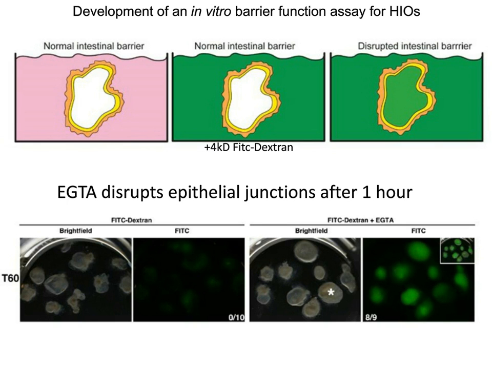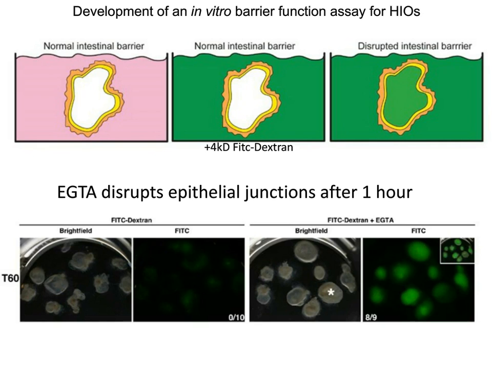And I should say that under the bright field images, each one of those structures is an individual organoid. And then on the right, you can see when we add a chemical that disrupts the barrier, we can see a nice movement of this dye into the center of the organoid. So this really tells us that using this chemical, we're able to injure the epithelial barrier, disrupt the tight junctions, and that the barrier is now allowing dye to flow into the lumen of the organoid.